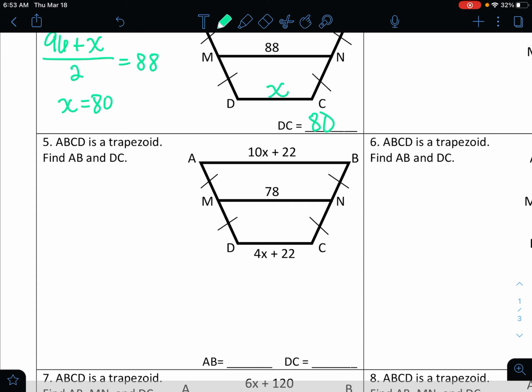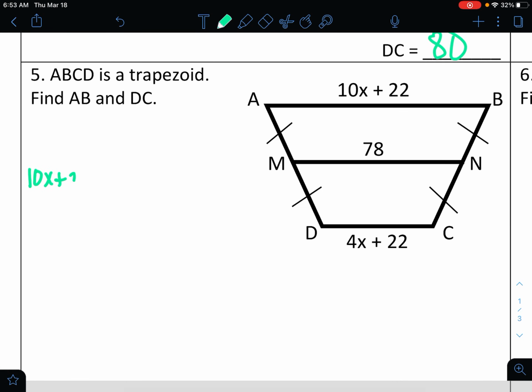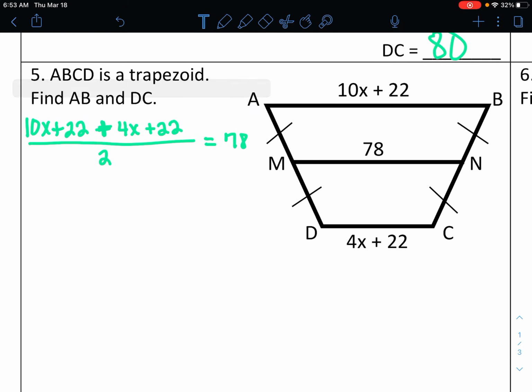I'm going to do the top base, so 10x plus 22, plus the bottom base, 4x plus 22, over 2 equals 78, the mid segment. I'm setting it up the same way. It looks weird because there's x's everywhere, but it's the same thing.